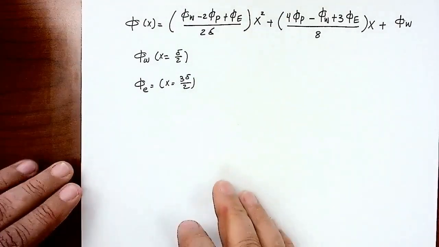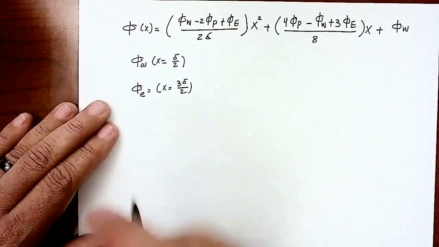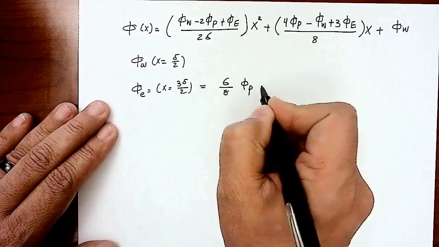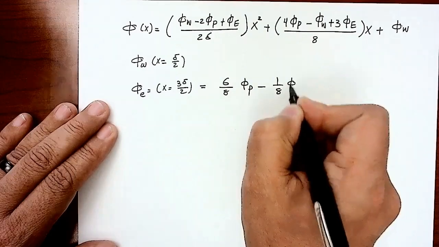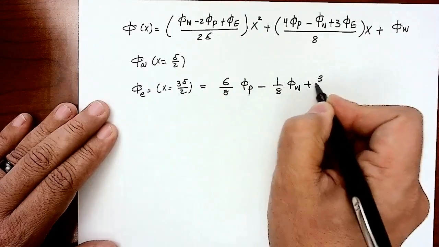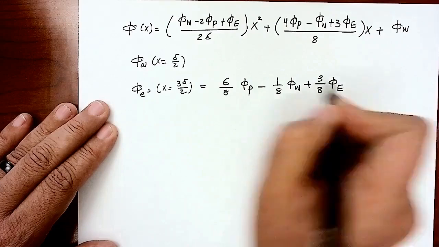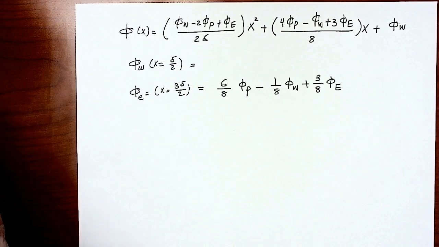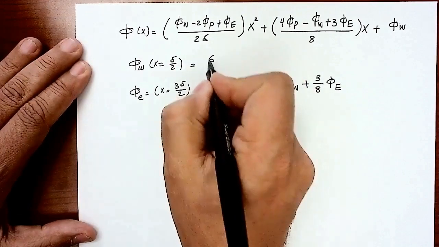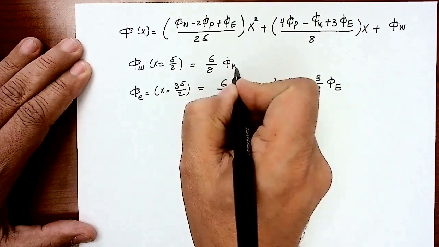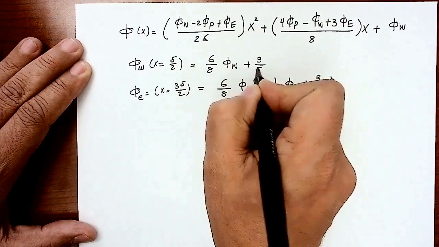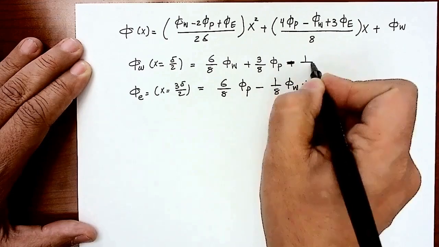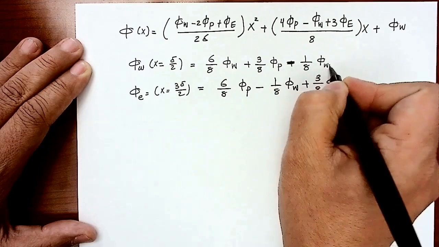So now you will find phi east is 6 over 8 phi P minus 1 over 8 phi west plus 3 over 8 phi east. And you'll find also that the value of phi west is equal to 6 over 8 phi west plus 3 over 8 phi P minus 1 over 8 phi WW.